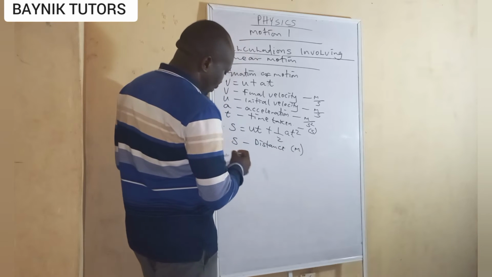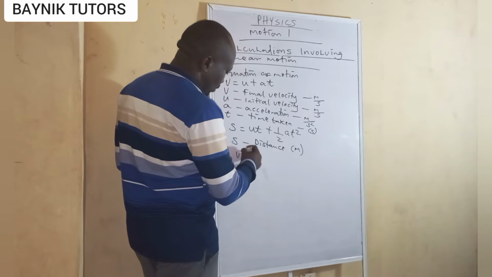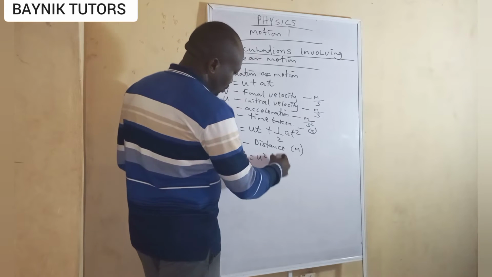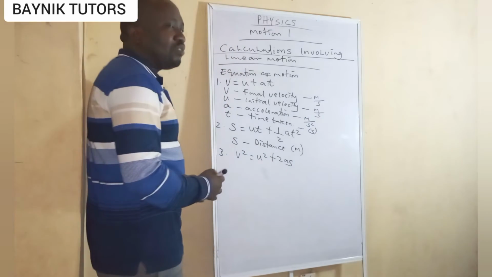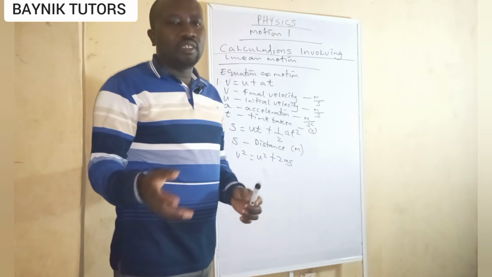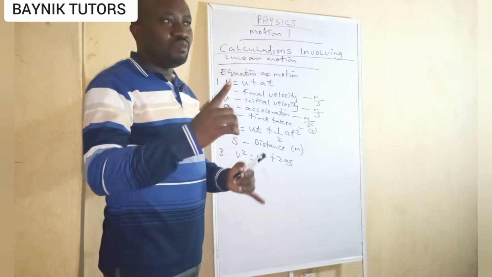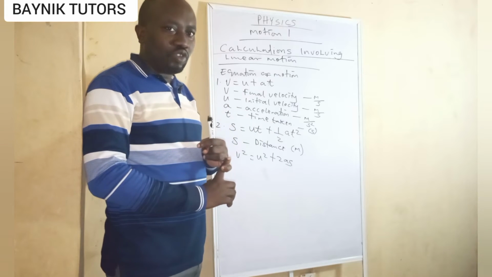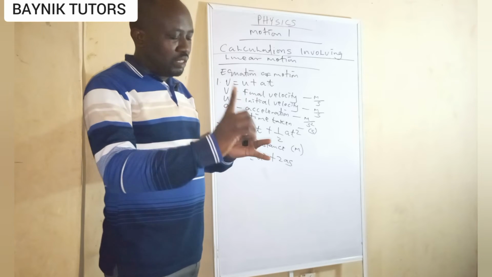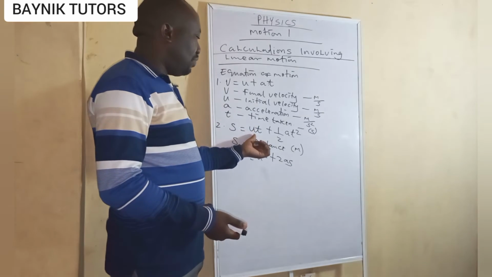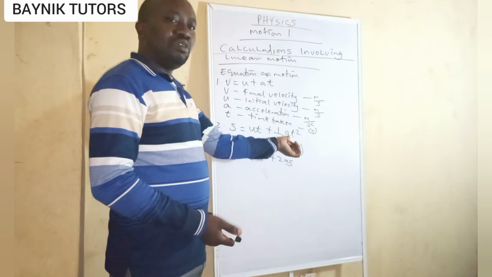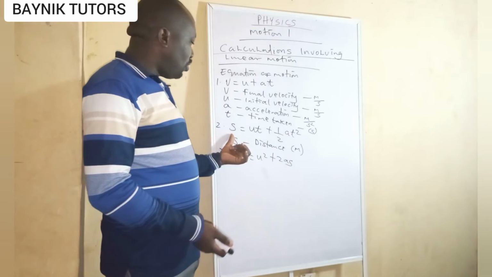So we can talk about v squared is equal to u squared plus 2as. It's also another equation of motion. And how do you know which particular one to apply? The one you apply depends on what you are told to solve as a student and the quantities being given to you. Imagine you are given initial velocity, time, and acceleration, and told to find the distance; you go for the second equation.